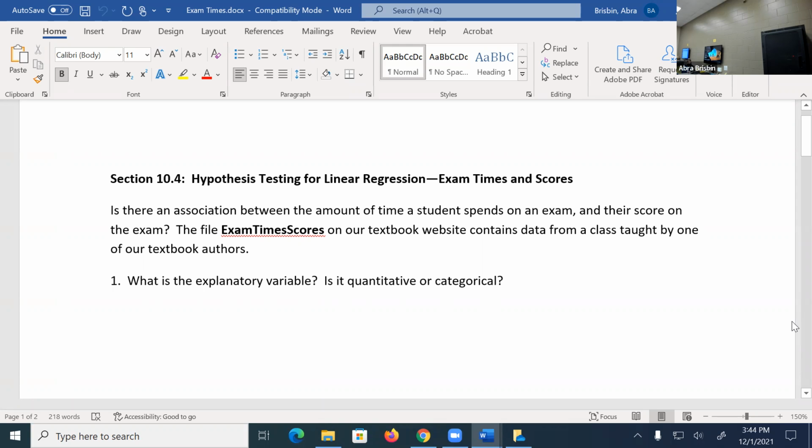Time on the exam is important. You have to pick. For five, four.